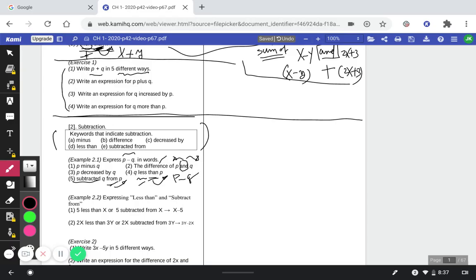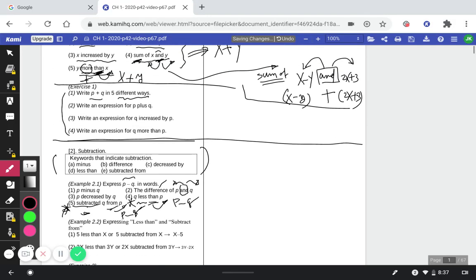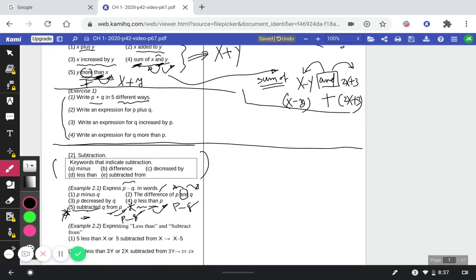Again, you write any expression that comes after 'from' first, like 'than', and then subtract, minus Q. So number 4 and number 5 are another pair where many of my students make mistakes, like with 4 and 5 in addition.